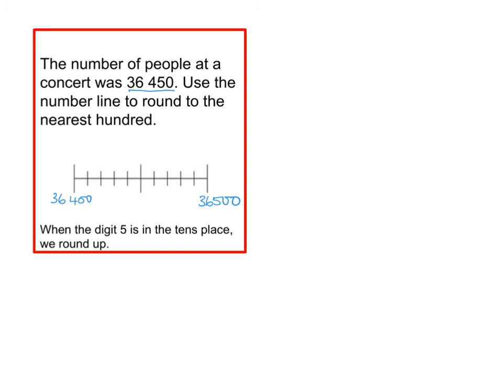What would be the exact middle here? Well, interestingly, the exact middle would be 36,450, which is the number we've got here. Now remember the rule, if it's exactly in the middle, we round it up. So we could say 36,450, we can use our wobbly equal sign, it's approximately 36,500. That's a 50 there.